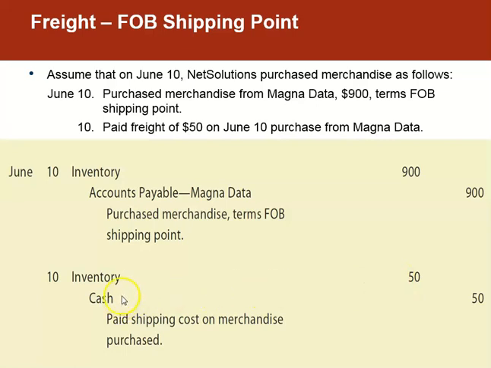Okay, and we're paying cash for this, so we're going to credit cash. All right, so we paid $50, we're going to pay $900 eventually, but our total value of inventory is $950 because without this freight, we can't get the inventory. Therefore, the freight is a legitimate cost. It is rolled into the inventory in this example. Okay.